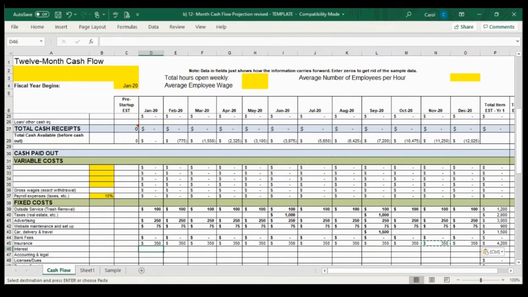Interest, this is where we're going to put the interest on the loan that we talked about, doing your startup costs, figuring out how much you're going to borrow. You'll plug that number into a commercial loan calculator and put in the amount of interest that's being charged in your area, and the length of repayment. If you're buying property, the length of the repayment may be 20 years. If you're doing a commercial loan to buy equipment, it may be 5 years.